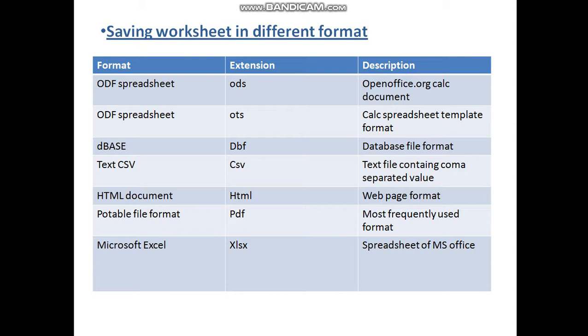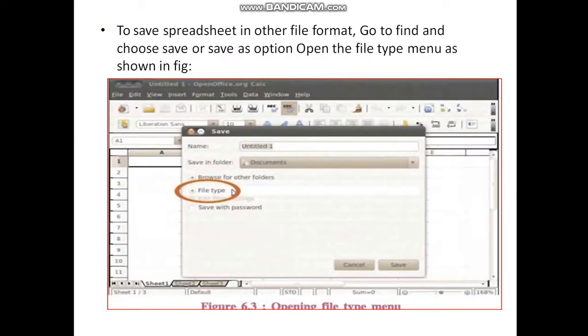Portable Document Format, extension .pdf, the most frequently used format. Next is Microsoft Excel, extension .xlsx, the spreadsheet of MS Office. Remember that in an OpenOffice Calc document, your file is saved with the extension .ods.